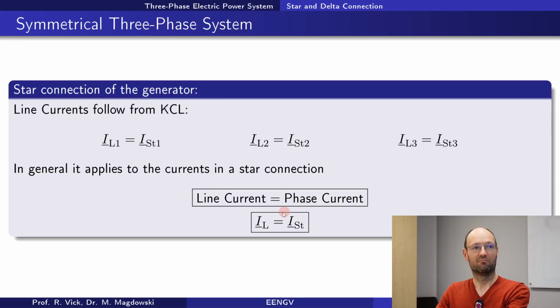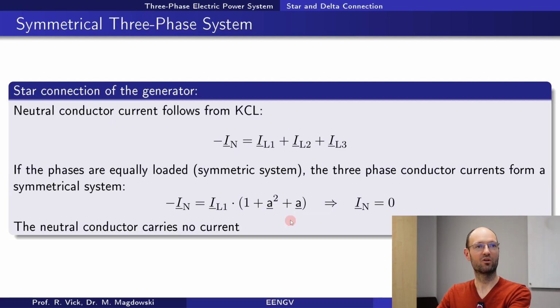Okay, now in a star system, line current is the same as these phase currents. What we discussed before, just written down here to make sure that it's written down. Okay, so then if we use our rotation operator, and this is what we will also do in the exercise, that's why I'm going over this a little quicker.